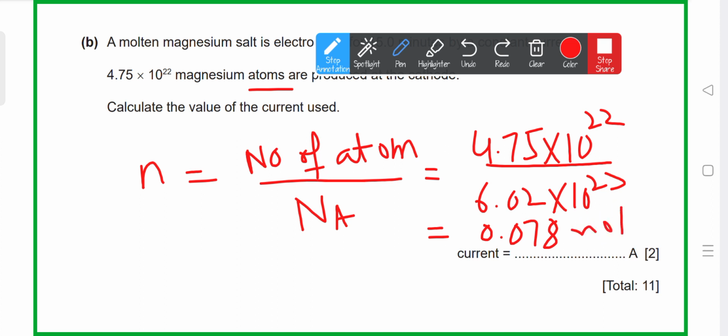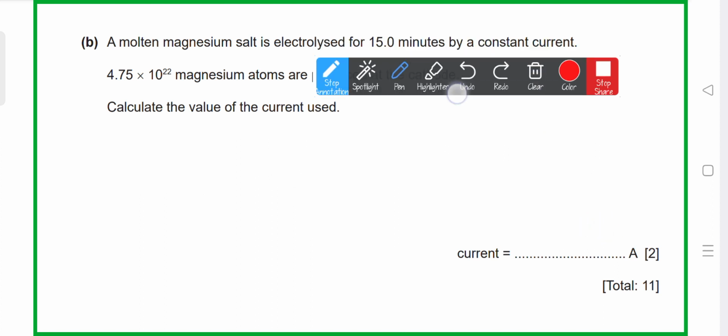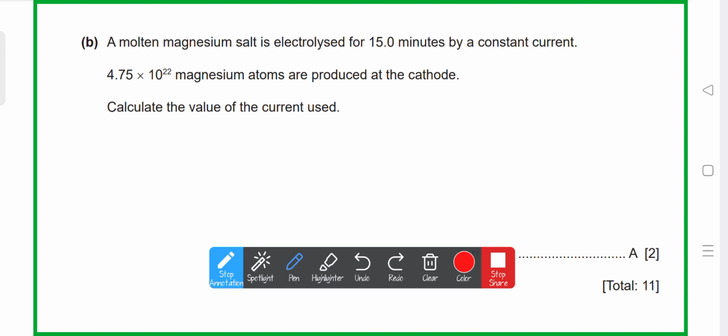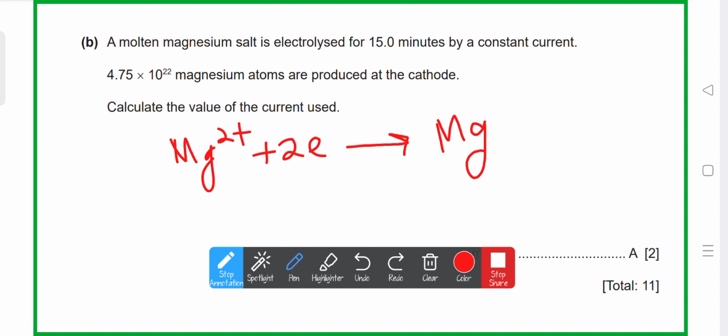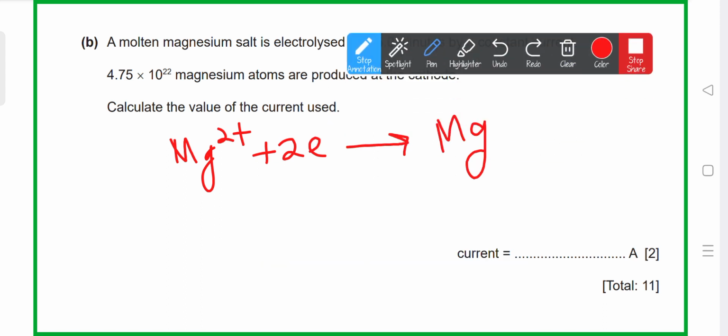Then the next step is always to find out the equation or the reaction that is happening at the cathode. Magnesium metal is produced at the cathode, so Mg2+ from the solution is gaining 2 electrons to make Mg. Two moles of electrons means overall 2 Faradays.